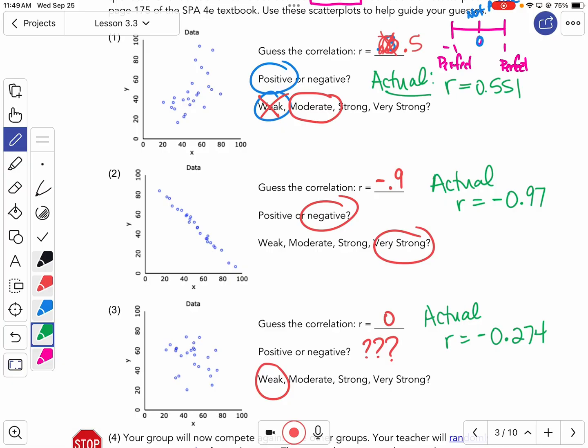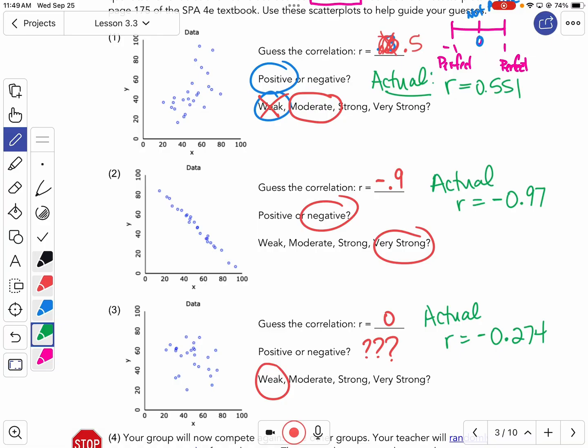So what's nice about this is that it gives us a way to look at correlation. We're not going to have to calculate the correlation coefficient today. We're just going to have to look at some data and decide which one's the best pick. And so when we think back to our learning targets for today, estimating it, talking about what it means: this is a negative, very strong relationship.